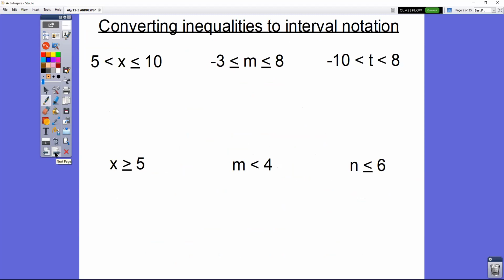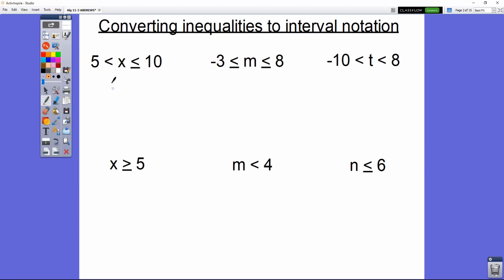So converting inequalities into interval notation. You have to know how to do this. They love these questions as multiple choice. So 5 is less than X, which is less than or equal to 10. So we're looking at numbers that are in between 5 and 10, but don't include 5. So it would include like 5.01, 5.02, 5.03, but it does not include 5 exactly.